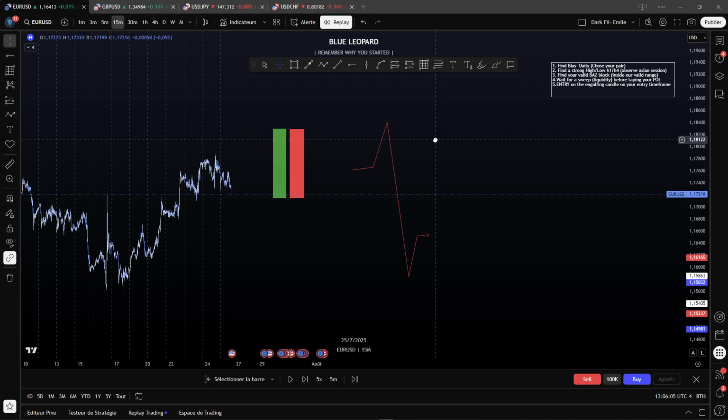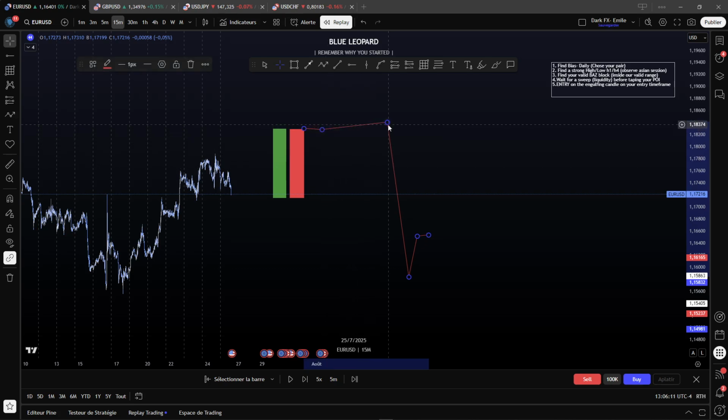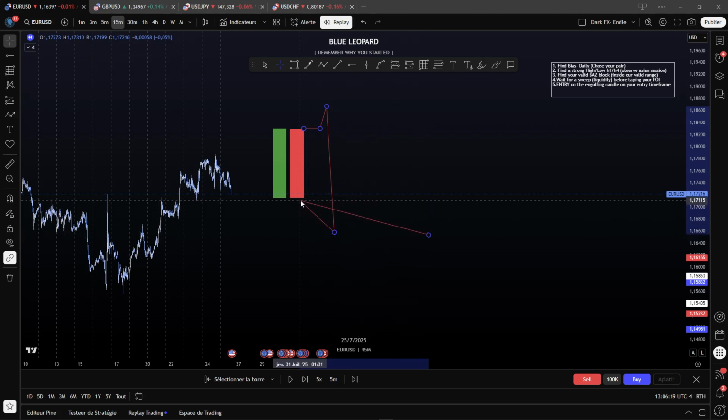That's how it forms. So if you have this as an open, then at some point in the day, the price went and created a high, then it comes and creates a low, and then price comes and closes around here. Okay, I want you all to see this.